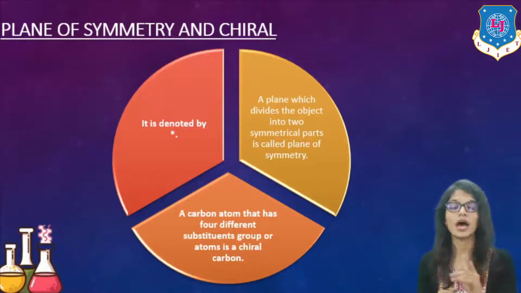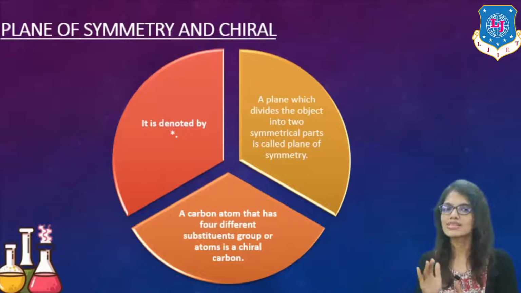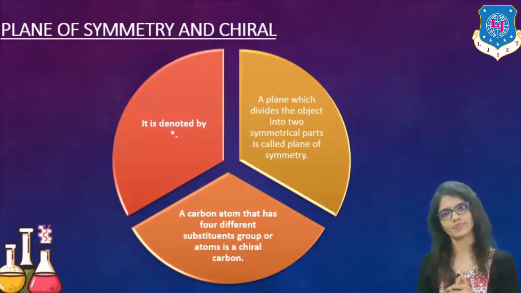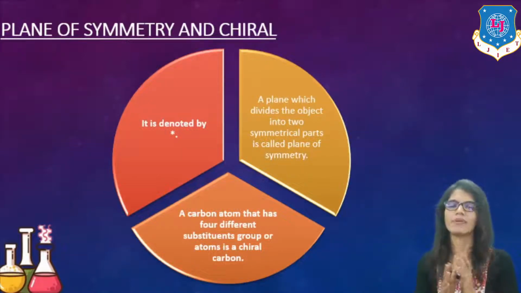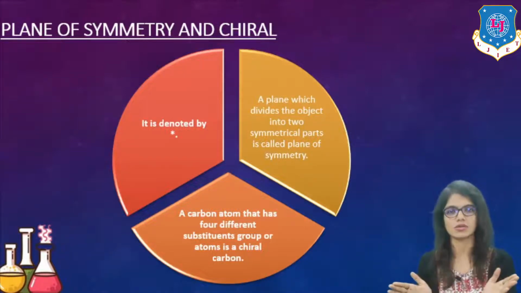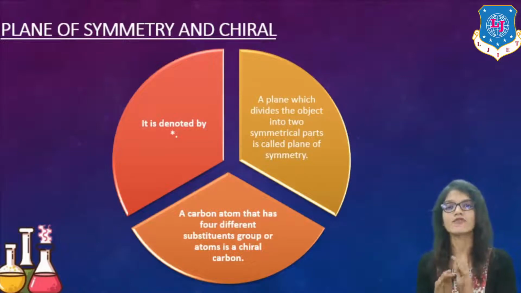Now let's move on to the next term, which is chiral, or the phenomenon chirality. We have seen many organic compounds in which carbon is attached to other functional groups or atoms. But here we have a carbon atom that has four different substituent groups or atoms, which is known as a chiral carbon.